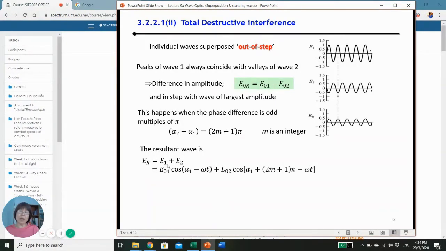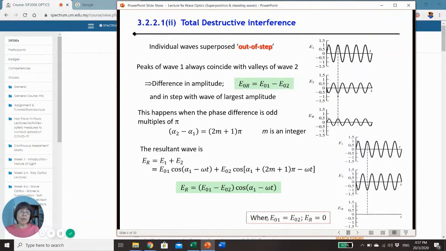The resultant wave, which is to add the two waves, then by including the 2m plus 1 pi to the second wave, would result in cosine of alpha 1 plus 2m plus 1 pi minus omega t, which is equivalent to minus cosine of alpha 1 minus omega t. So we then have this written in this form, whereby the difference is only in the amplitude.